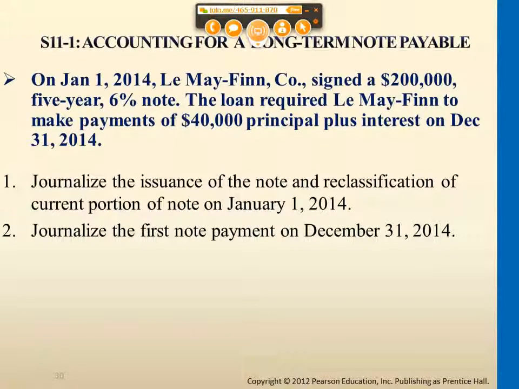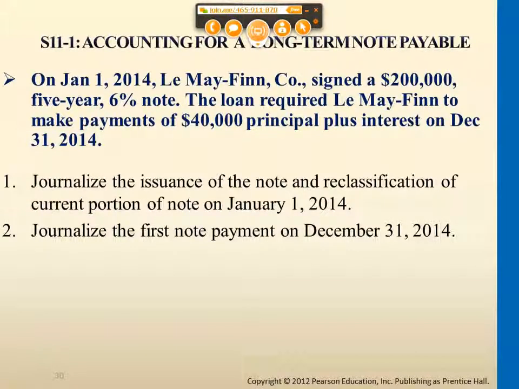Okay, first entry, how do we journalize this? Issuance entry and reclassification entry, what do we debit and credit here? Cash we're receiving, right? And then credits, long-term notes payable, right?